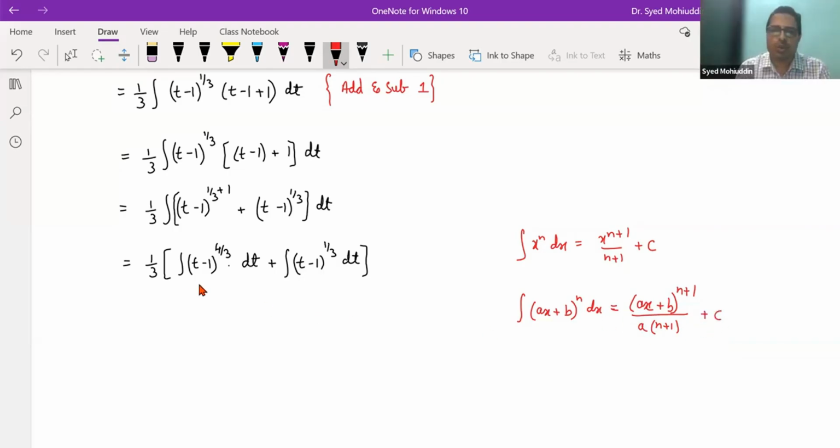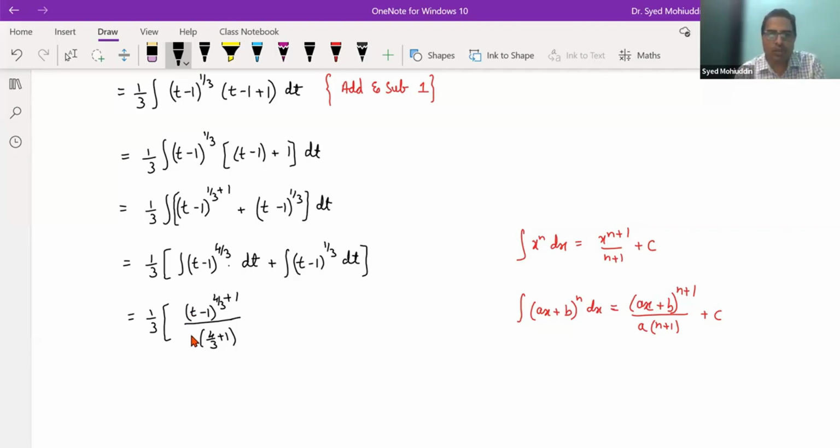So I'll use this here and try to integrate this one. This is 1 by 3 and it is t minus 1, so we'll get t minus 1 to the power of n plus 1, that is 4 by 3, divided by 4 by 3, like x power n plus 1 by n plus 1. But now if I differentiate this one, the derivative of t with respect to t is just 1.